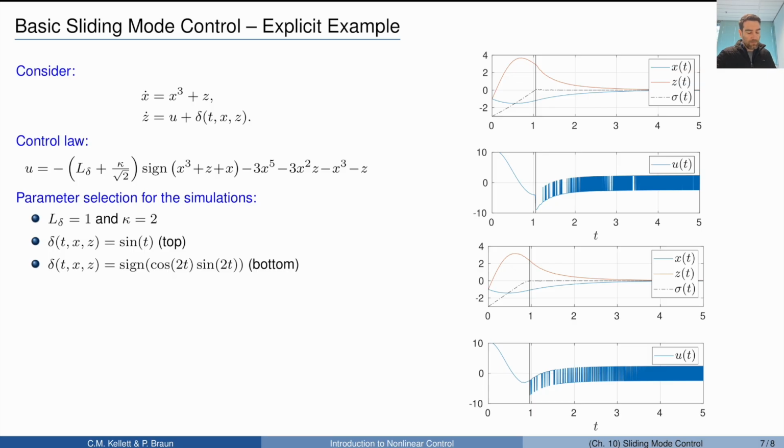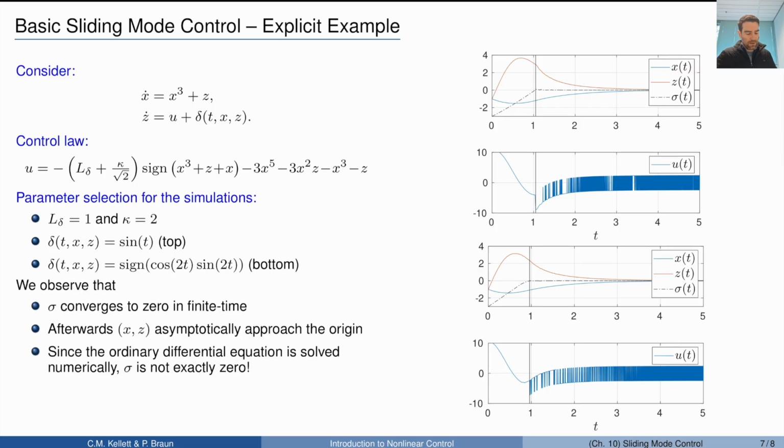So one disturbance would here be sine t, the other one just another disturbance depending on the sign of cosine and sine. And then we see this particular convergence, or the convergence properties here, and the corresponding input corresponding to the first delta and the second delta.